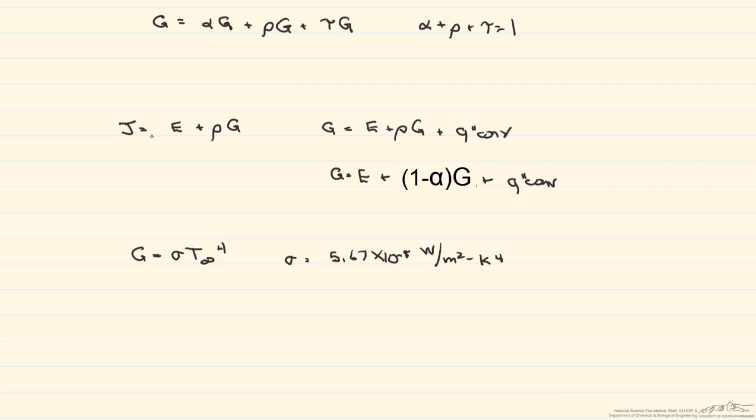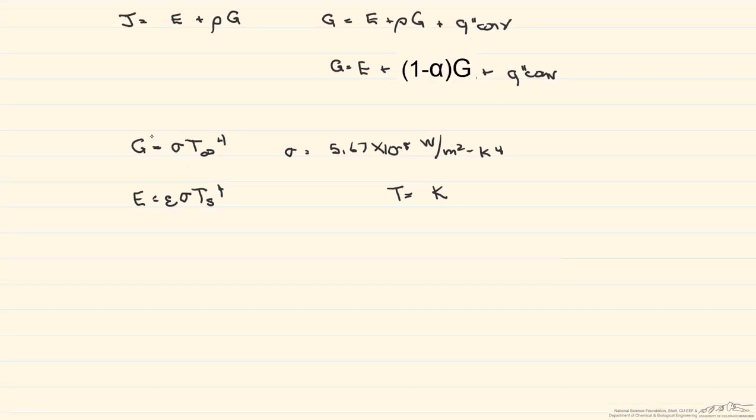E is equal to the emissivity times the radiation of a black body, which is sigma T, now this is T of the surface to the fourth. Note that this is almost identical to that of the irradiation, except the temperature is always that of where the radiation is coming from. And very important, all the temperatures must be in Kelvin. So finally, let's write this out in terms of temperatures.